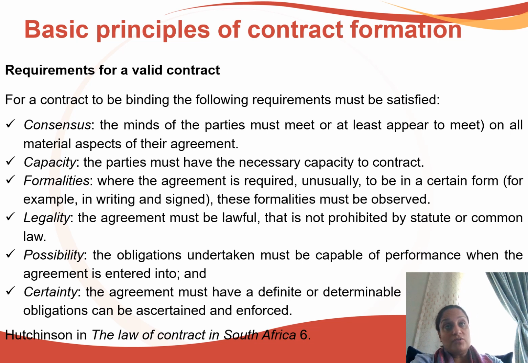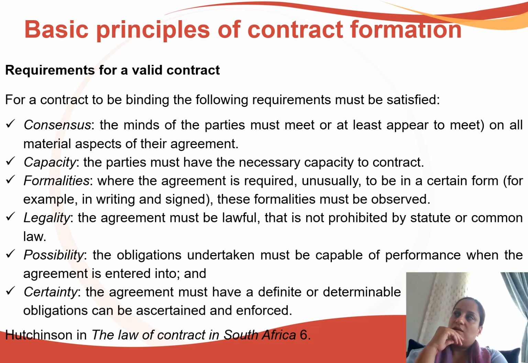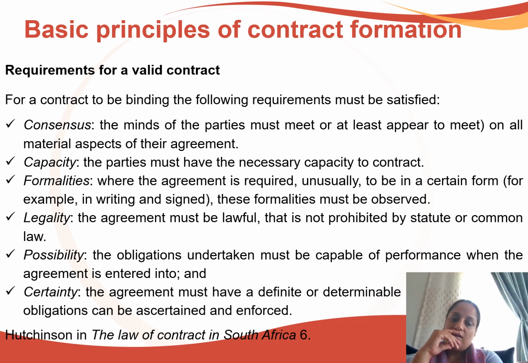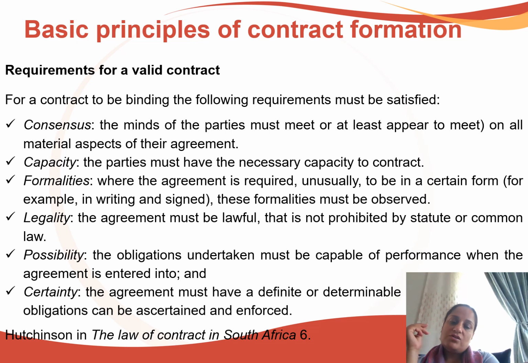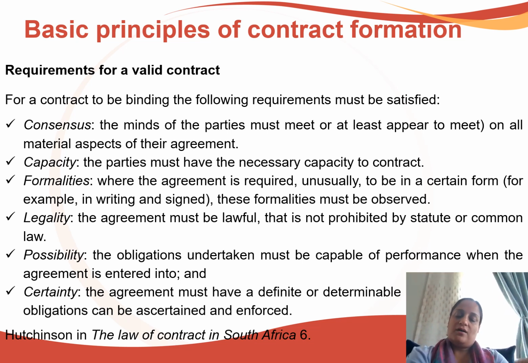Legality, it must be lawful, and here the jurisdiction may become quite important. In some jurisdictions you can buy dagga, for example, and in others you cannot, and it's illegal. Of course, the obligation must be possible, and there must be certainty as to what that obligation is.